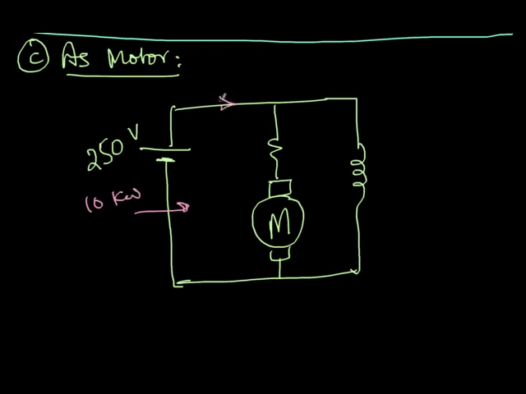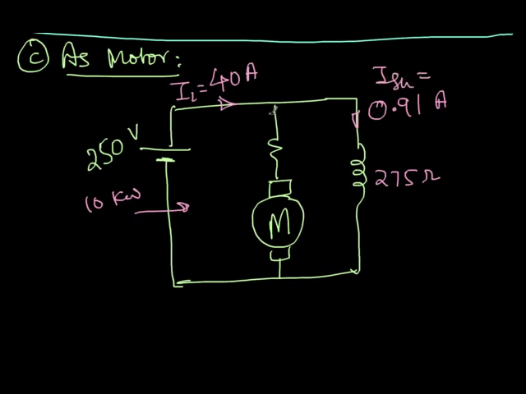So therefore this current 40 amperes will be the IL flowing from this to this. And this current we already calculated, it will be 0.91 amperes because this is 275 ohms. So 250 by 275 is 0.91. This is the ISH.